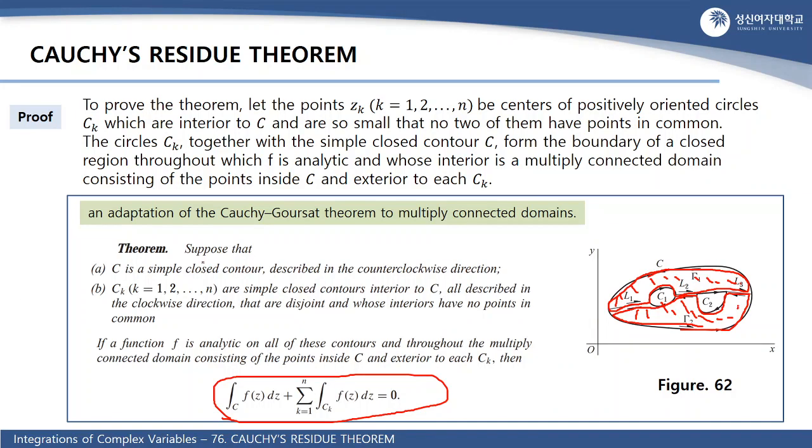The theorem says, suppose that C is a simple closed contour described in the counterclockwise direction, and C1, C2, ..., Cn are simple closed contours interior to C, all described in the clockwise direction, okay, opposite direction, that are disjoint and whose interiors have no point in common. Okay?